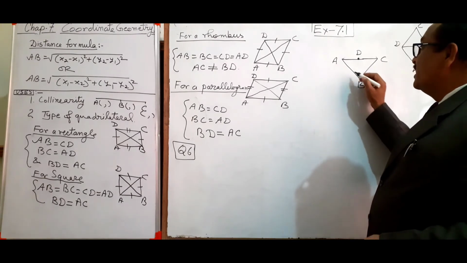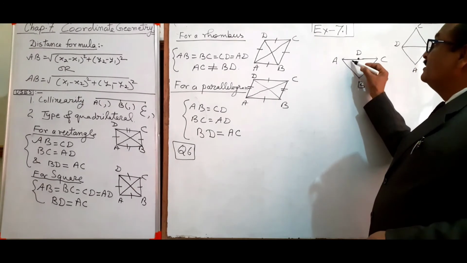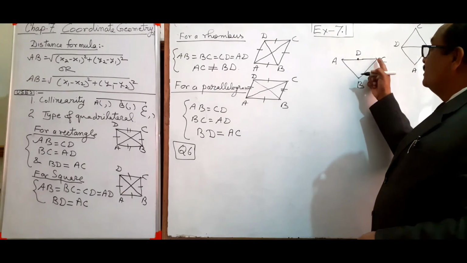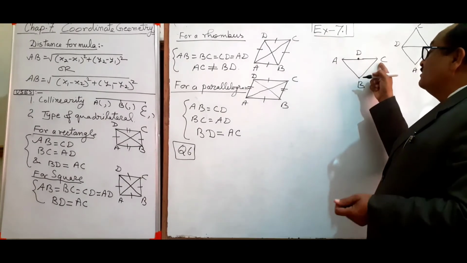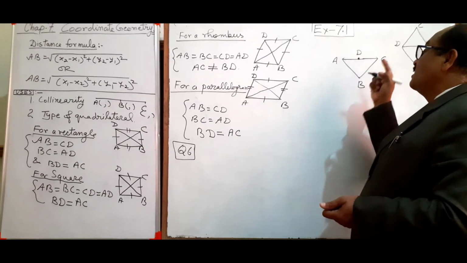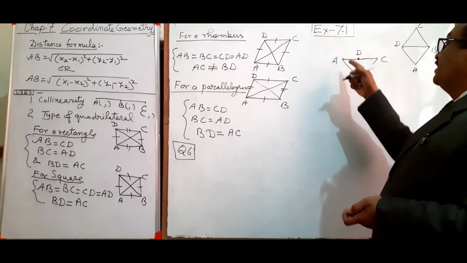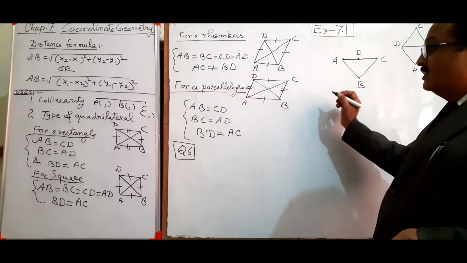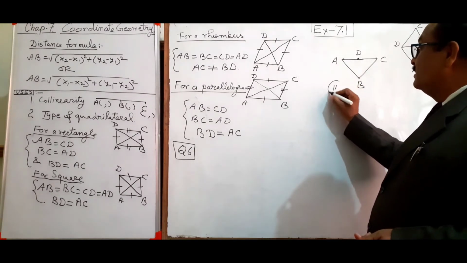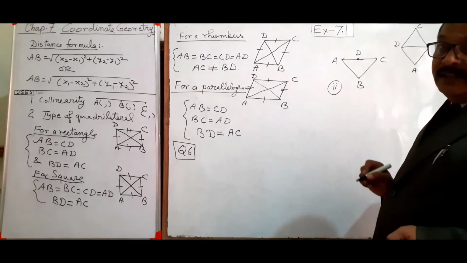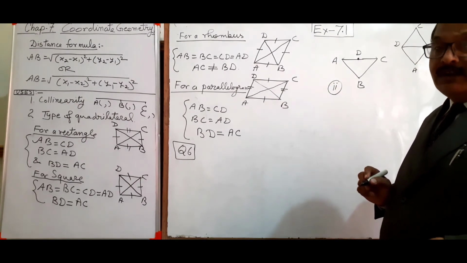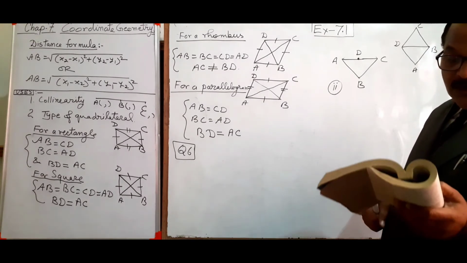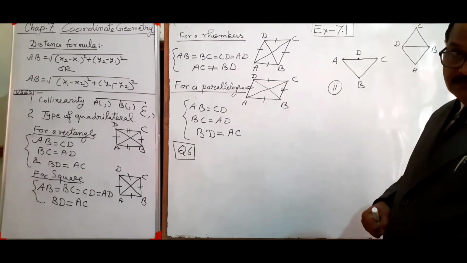The sum of 2 sides will always be greater than the third side. Here AD plus CD is equal to diagonal AC. Therefore these 3 points are collinear, so they form only a triangle, not a quadrilateral. So in question number 6, the second part is not forming a quadrilateral. You can check yourself.